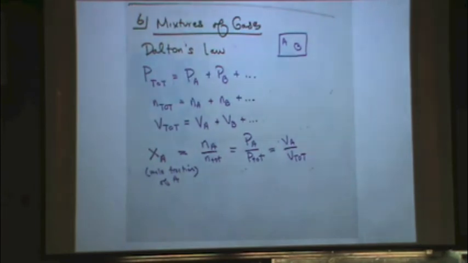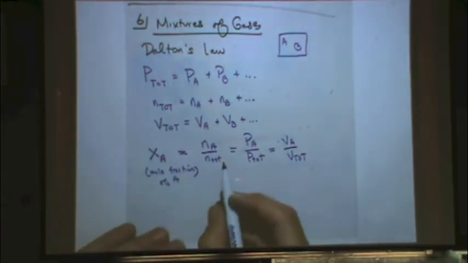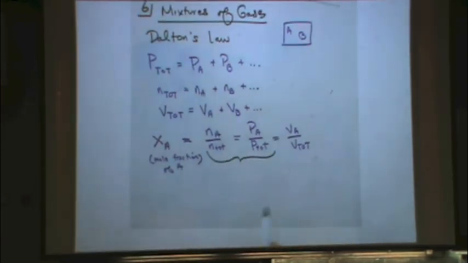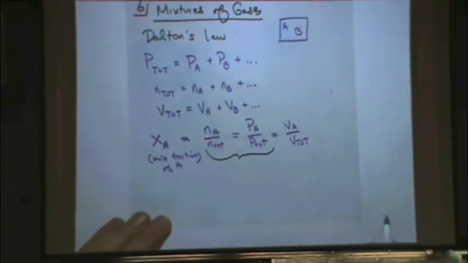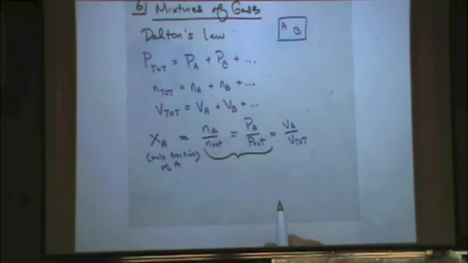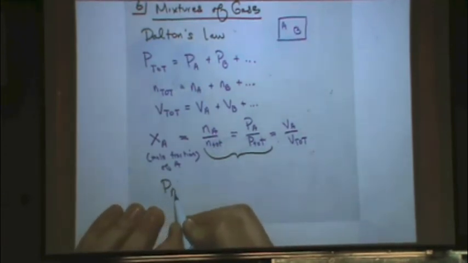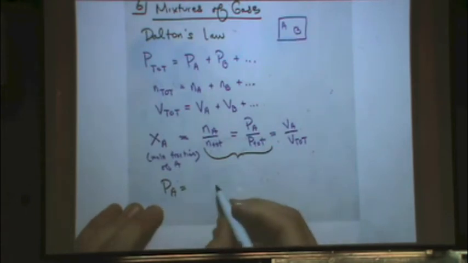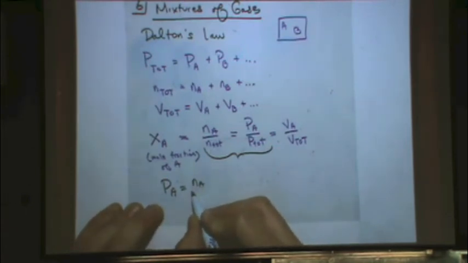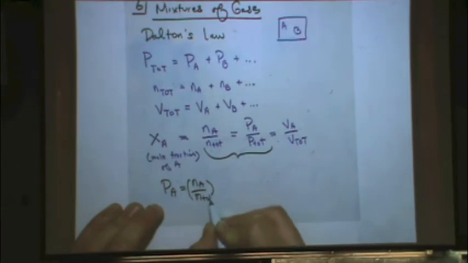But if we take this part right here, this is going to make up what we traditionally call Dalton's Law, which you usually solve for the partial pressure. So you'd say the partial pressure of A is equal to the moles of A over the total moles times P total.